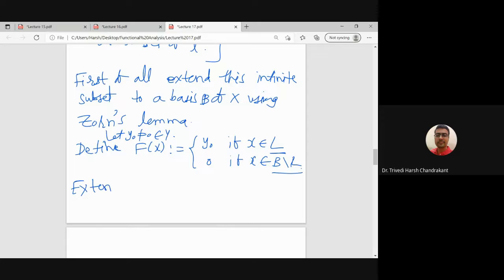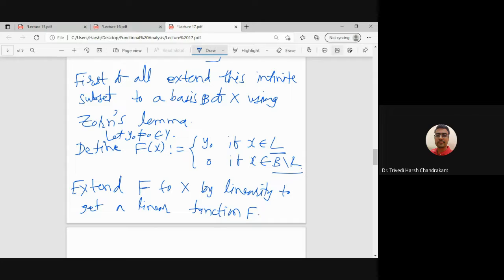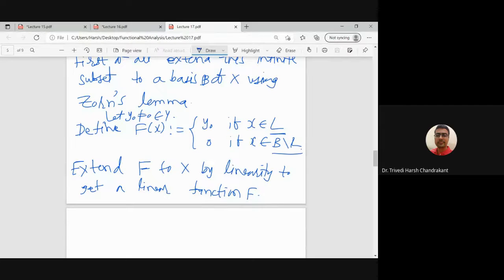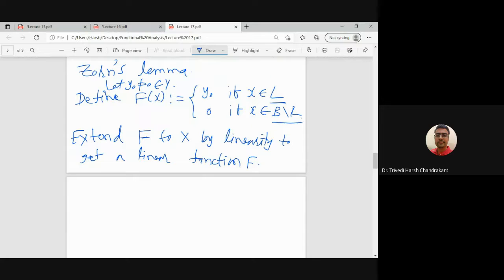That is a linear algebra technique: extend f to the whole space by linearity to get a linear function on X. So first we define f on the basis elements, and then we extend it linearly to the whole vector space.